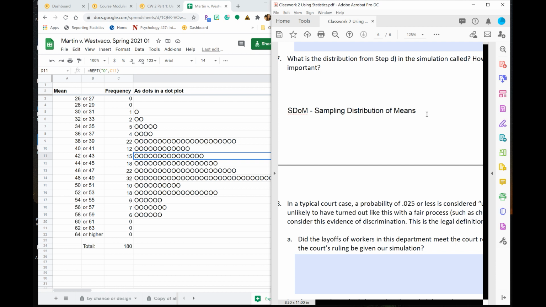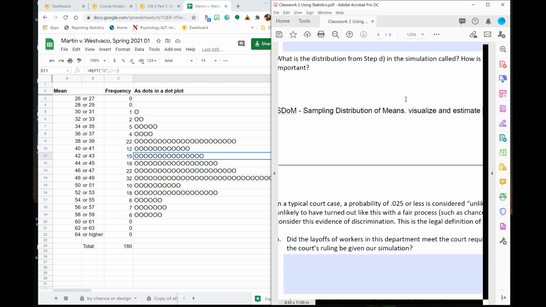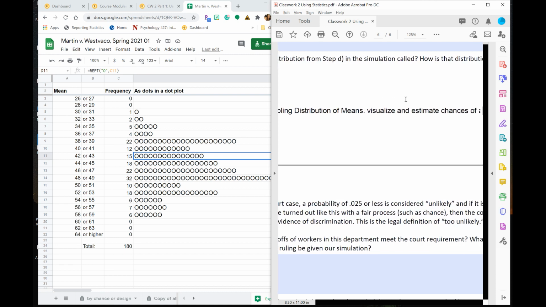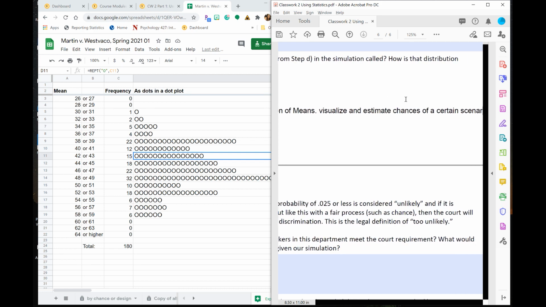So for now, as it asks, how or why is this important? Let's just say this distribution was important in this problem because it let us quickly visualize and estimate the chances of a certain scenario happening at random.